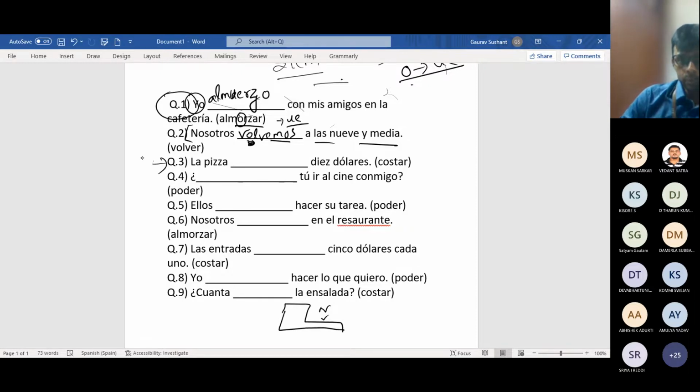Number three, la pizza, the verb is costar. So costar again, O will change to UE, if it falls under the boot. Number three, Kishore, can you try? Sir, sorry, I'm not comfortable with this yet.